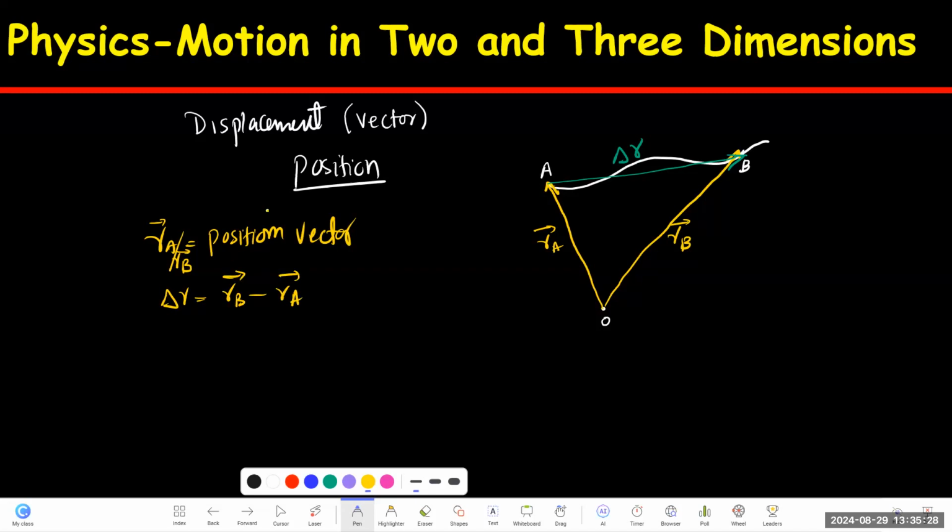Now, let's step back and talk about what this position vector is. Really, that RA is a point A. So a point is in space, and this point has 3 coordinates, x, y, z. This point has x, y, z components.